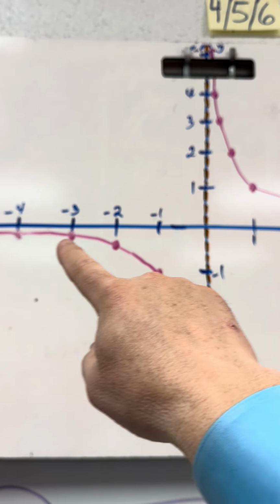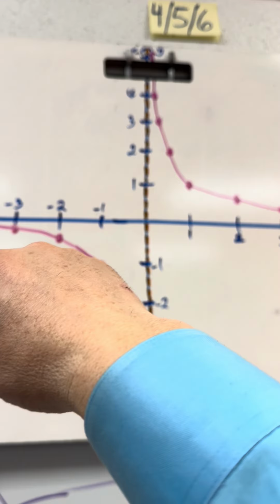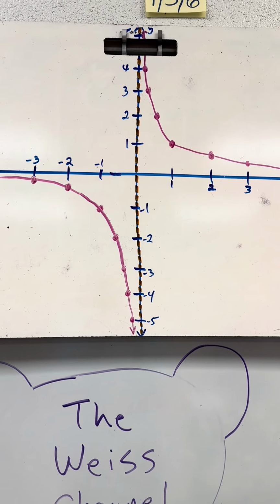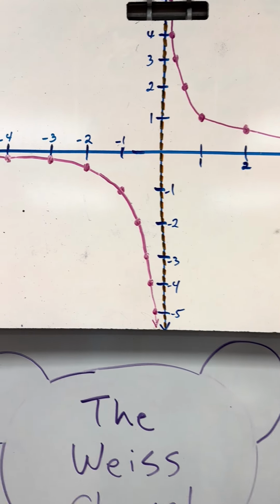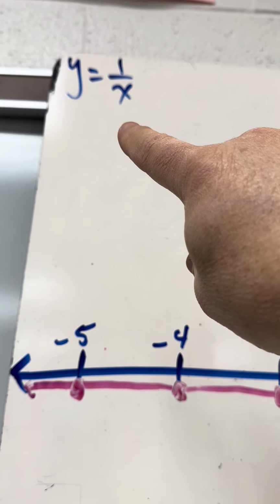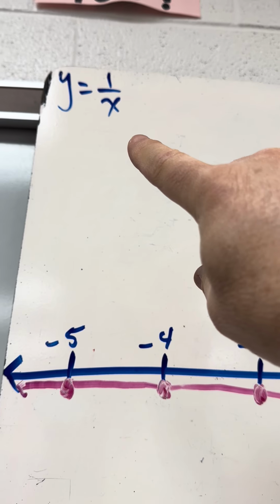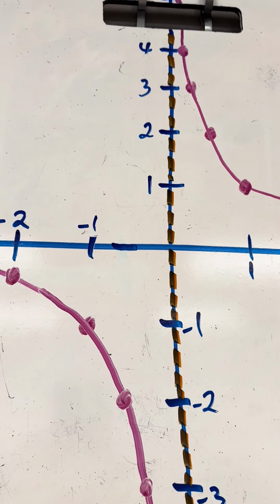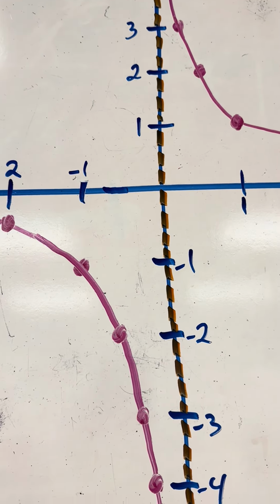There's also a horizontal asymptote here. I'm going to talk about that in another video. Okay? But what I want you to understand here is that whenever you make the bottom 0, you're going to wind up with a vertical up and down asymptote. Okay?